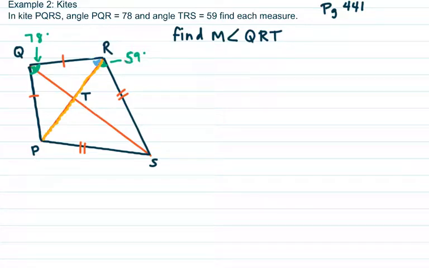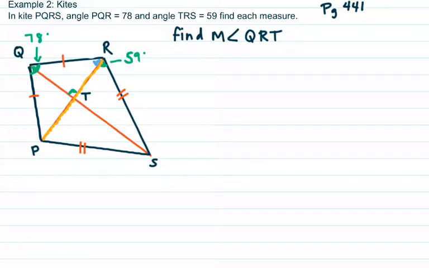So I have 2 sides so far, 2 angles that I know about thus far. I know this part is 90 degrees, so that's a portion that I do know. And I know this is 78.